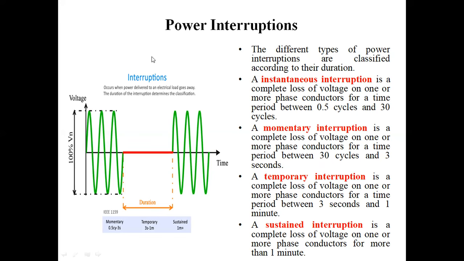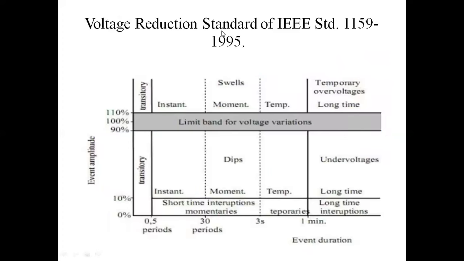Next, this is the voltage reduction standards of the IEEE 1159 1995 standard. I will explain this diagram. The x-axis is the percentage of magnitude of the voltage: 0%, 10%, 90%, 100%, 110%.